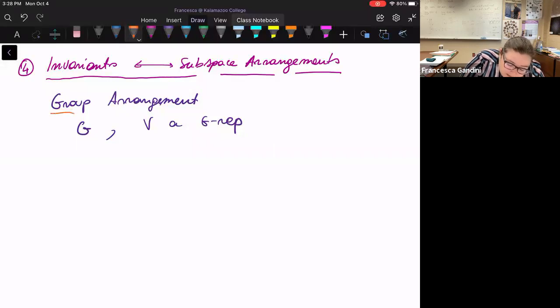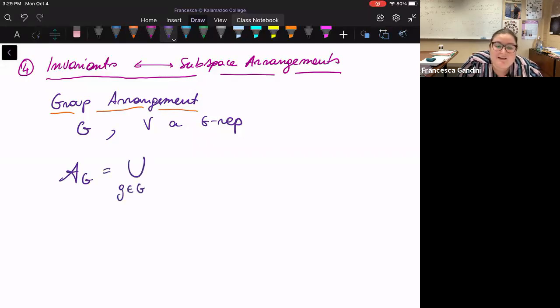I want to highlight this. This group arrangement is built out of a representation, and it's going to be the union over all the elements in the group. You can already see why this works better when you work with a finite group.